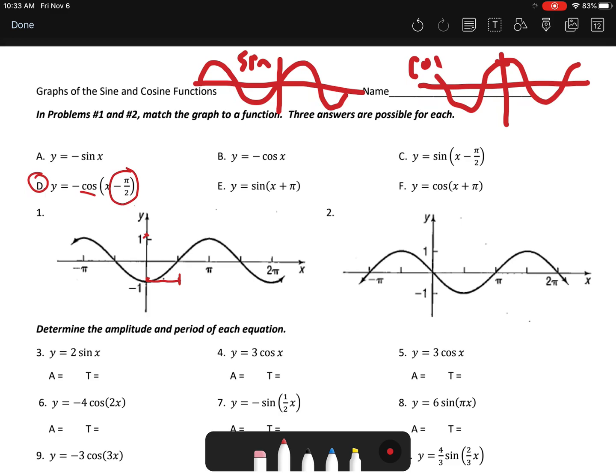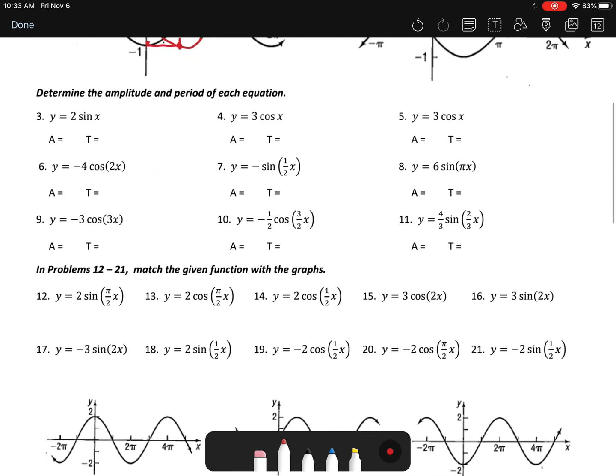So we're going to shift this right pi over 2. So then the graph would look like this, right? Well, that looks like number 2 would be letter D. So I'm going to let you replay that and think about what I just said. So D is actually a graph of number 2. And then take your calculator and check it.